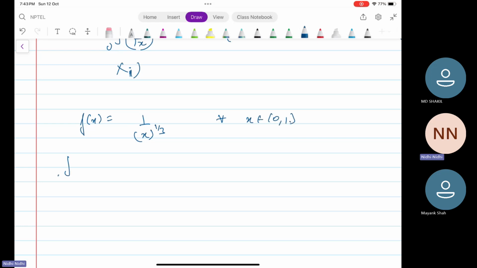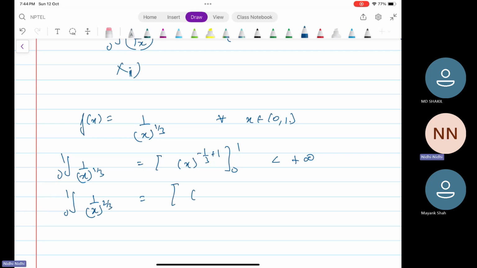Is it integrable? Yes, this power will be positive, so this is finite. What about its square? 2 by 3 is also less than 1, so this will also be integrable.